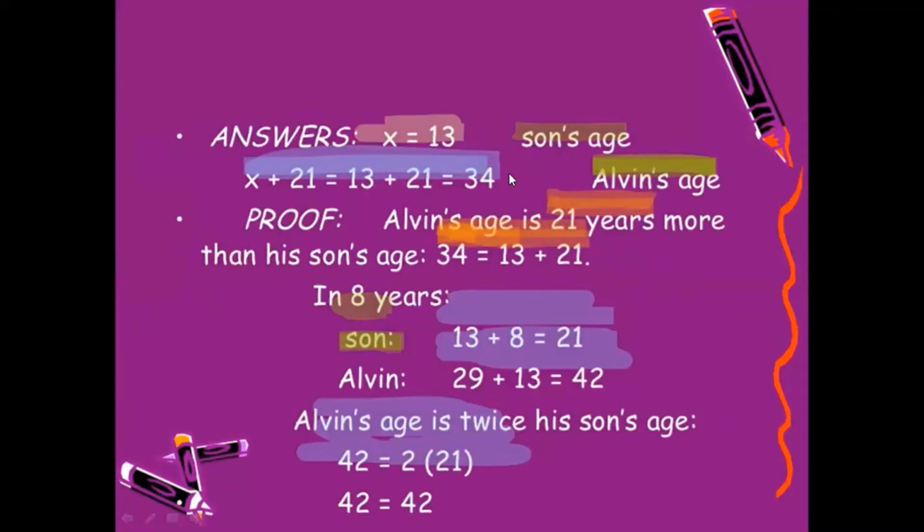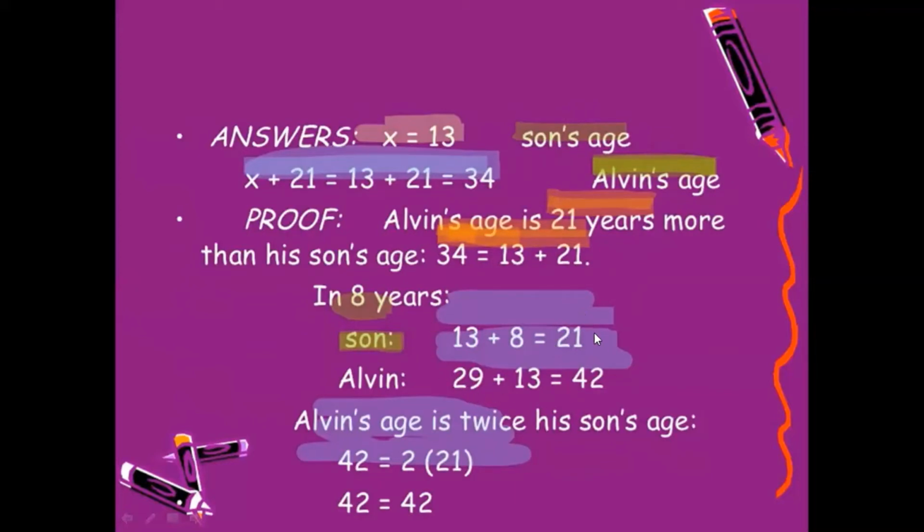So we have talked about that. The proof is now one more check: Alvin's age is 21 years more than his son's age. In 8 years, the son will be 21, and Alvin, according to our calculation and mathematical expressions, will be 42.